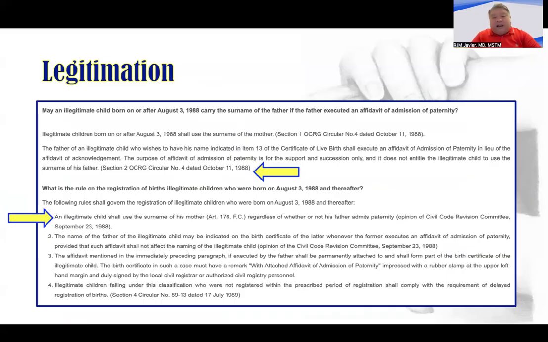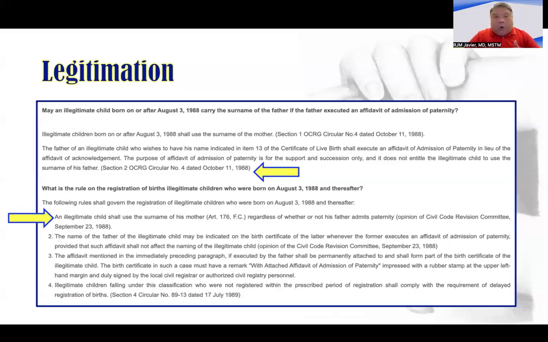The father of an illegitimate child who wishes to have his name indicated in item 13 of the certificate of live birth shall execute an affidavit of admission of paternity in lieu of the affidavit of acknowledgement. Now, the purpose of the affidavit of admission of paternity is for support and succession only, and it does not entitle the illegitimate child to use the surname of the father.